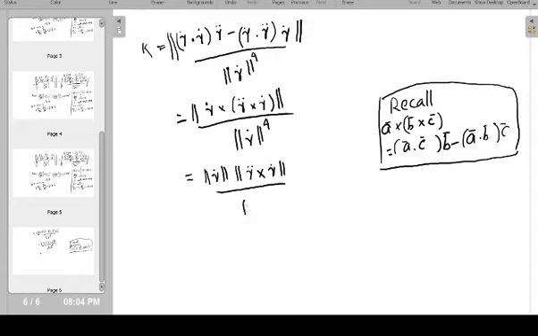Whole divided by the norm of gamma dot whole to the power 4 in the denominator, which is equal to, gamma dot is non-zero because gamma is regular, so you can cancel one gamma dot in the numerator and denominator. So you will get the norm of gamma double dot cross gamma dot, whole divided by the norm of gamma dot cubed, and this is what we wanted to prove.